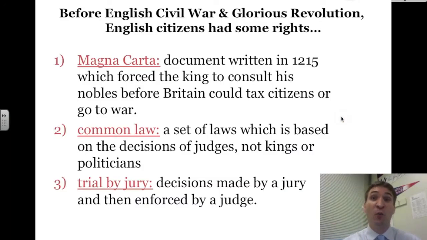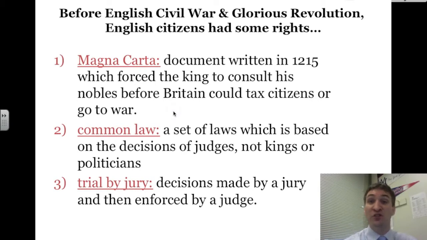Before the English Civil War and the Glorious Revolution, English citizens already had some rights. And these three areas show they did have rights. The Magna Carta. This was an English document dating back to 1215, which forced the king to consult his nobles before Britain could tax citizens or go to war. The second thing that gave English people rights was the idea of common law.